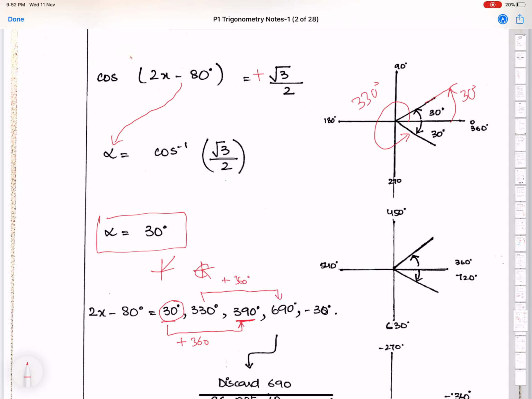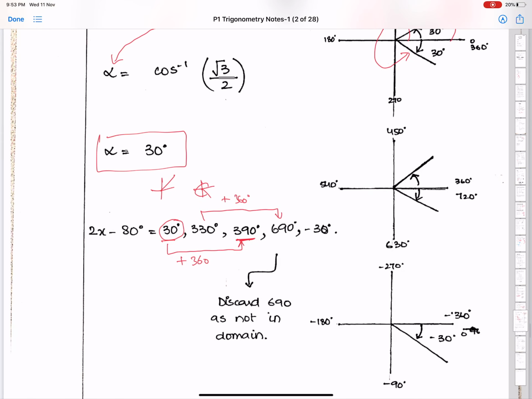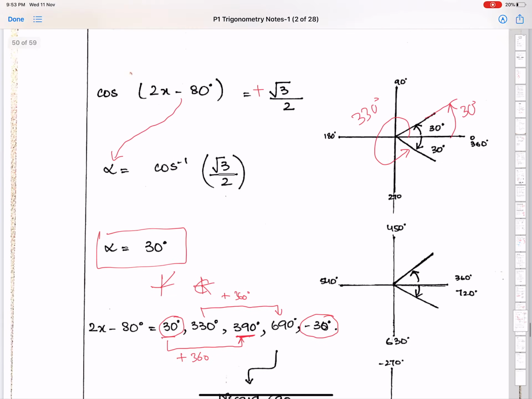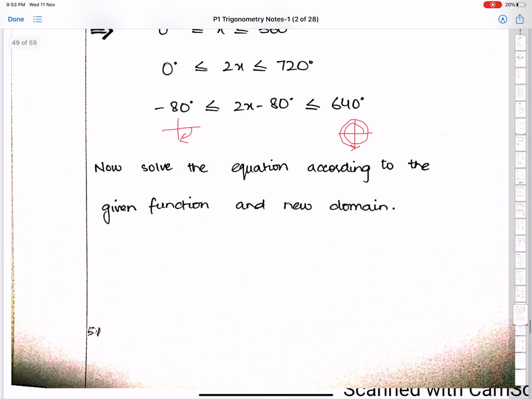And this answer is because of the negative domain, the minus 80 domain. See, this domain is minus 80. This means you need to work in clockwise direction.